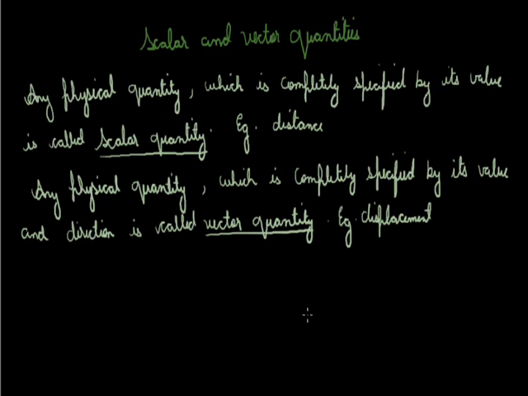Now we will discuss how we can represent a vector. A vector is represented by a directed line segment like this.